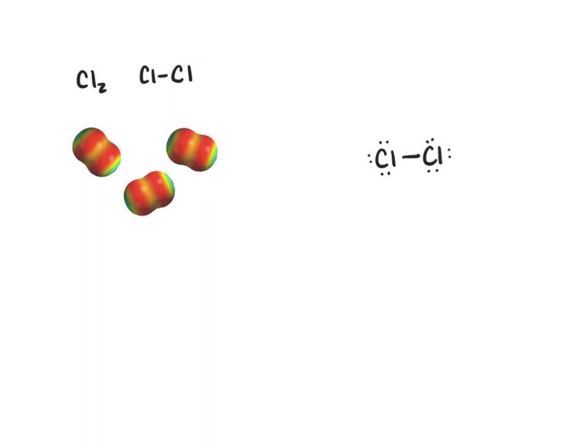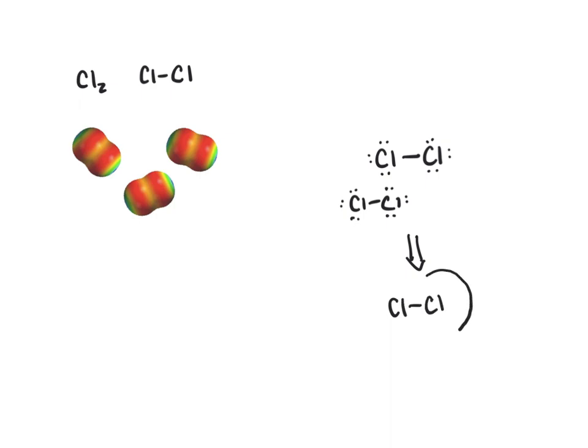And so I could imagine that if another chlorine approaches this chlorine molecule, the electrons in this molecule will push these electrons away, and so push them more towards this side of the molecule.